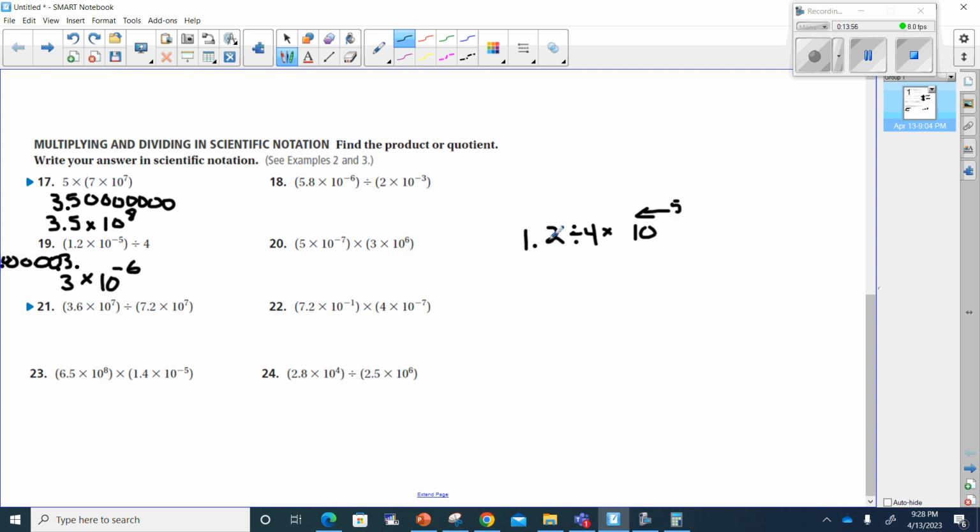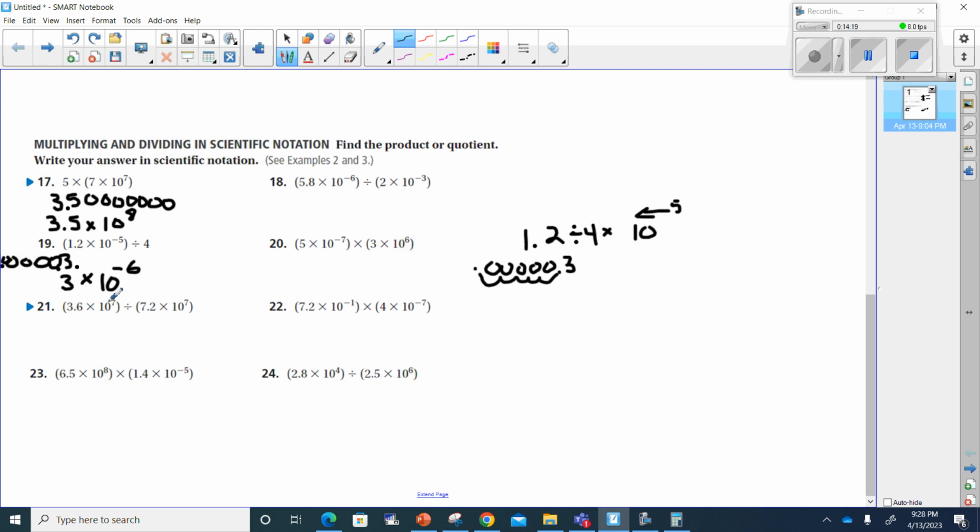So this is going to give us 0.3, right? And then we go back 5, that's 5 zeros, 1, 2, 3, 4, 5. But to bring it back here, we'll have to go 6 places. And that's why it'll be to the negative 6.